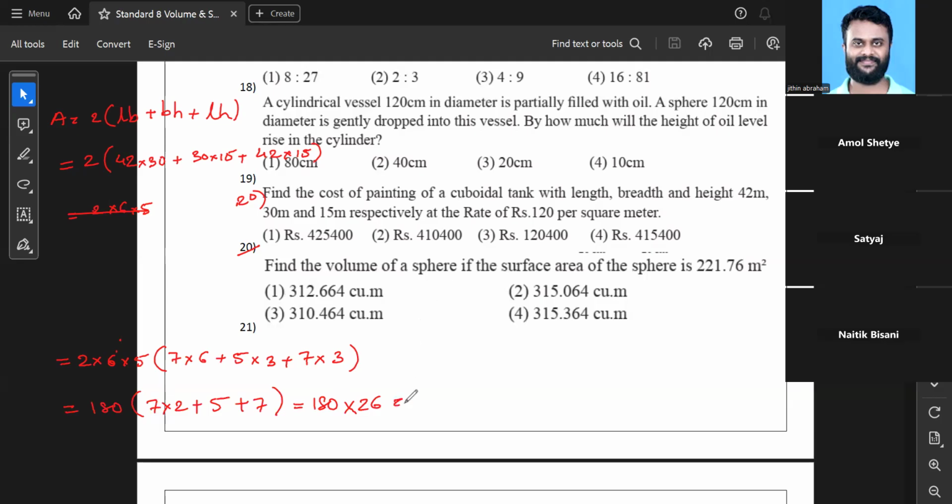So the answer, I don't seem to find it in the options, because 4680 multiplied by 120 is 561600. Hmm, okay. So the cost will be whatever area you have multiplied by 120. It's not there.